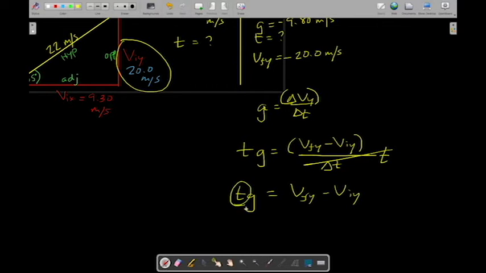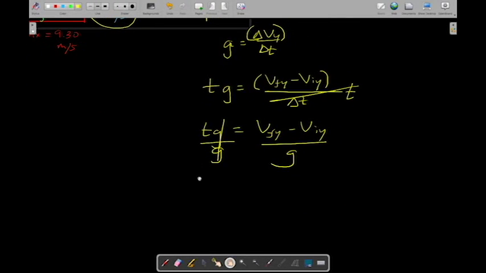Our time is now in the numerator, but it's not by itself. We have to move the g to the other side, so I'm going to divide g on both sides. Our new equation is written as t equals velocity final y subtracted by velocity initial y, divided by g. Once you're at this point, you're ready to solve.